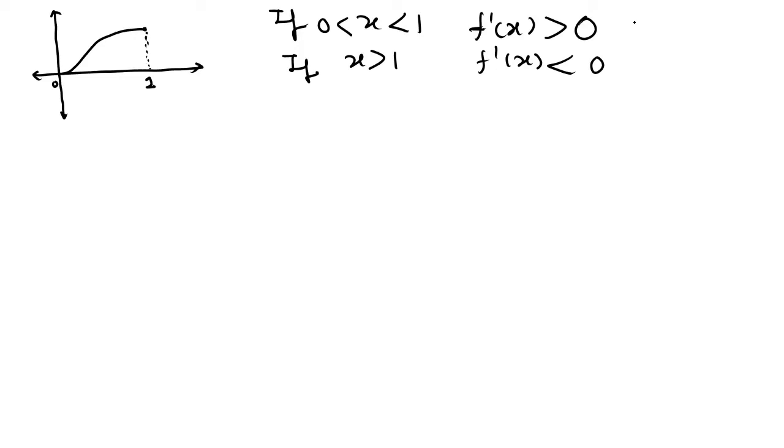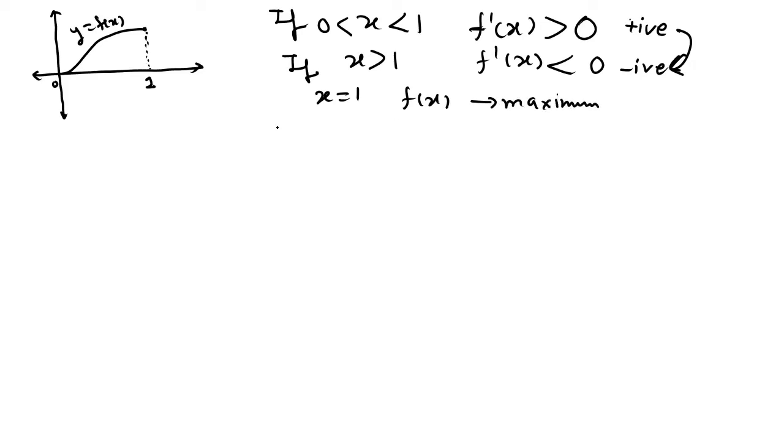So the slope of the function f(x) is going from positive to negative. Then at x equal to 1, f(x) will be maximum. So we can clearly say that f(1) will be greater than f(1/2). So option A is incorrect.